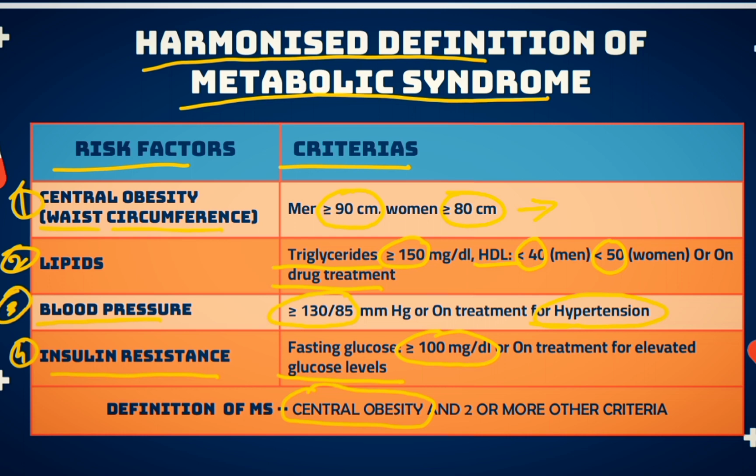And if a person is centrally obese and he is positive for two or more of the other three criteria, then he will be considered positive for the metabolic syndrome, meaning he is at risk to develop cardiovascular diseases, diabetes mellitus and strokes.